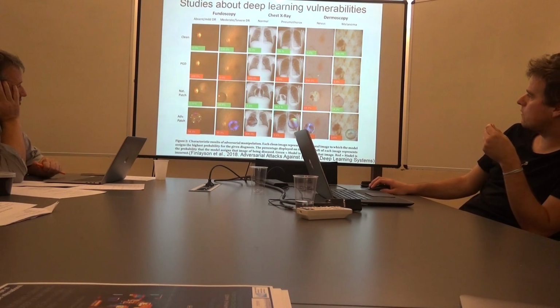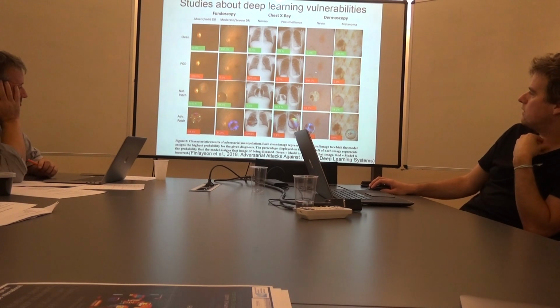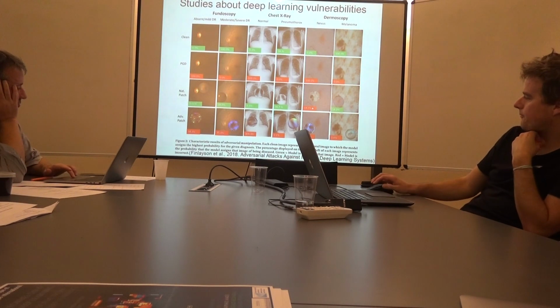In this case, it's not even perceptible by the human eye that there were modifications in the images, but there are, and this very little perturbation in the images makes the system completely fail. It's the same if you add this kind of modification to the image, it will completely fail and say that it's cancer tissue while it's not.